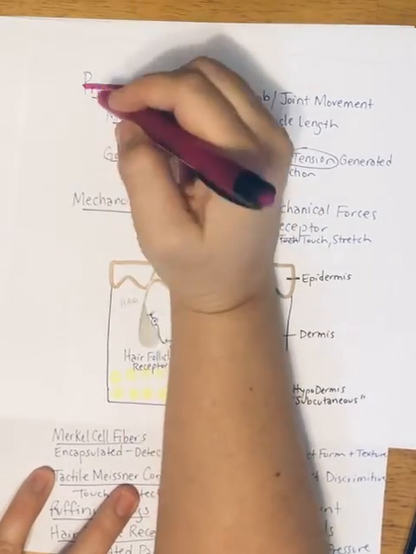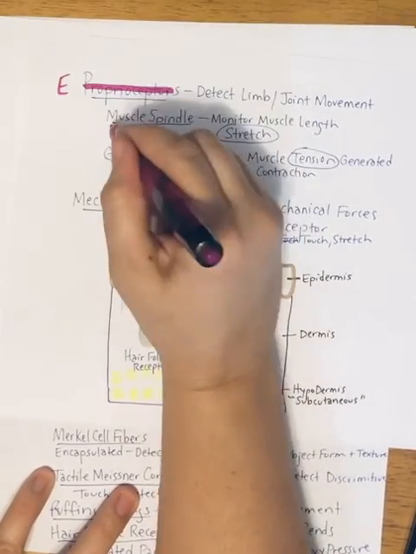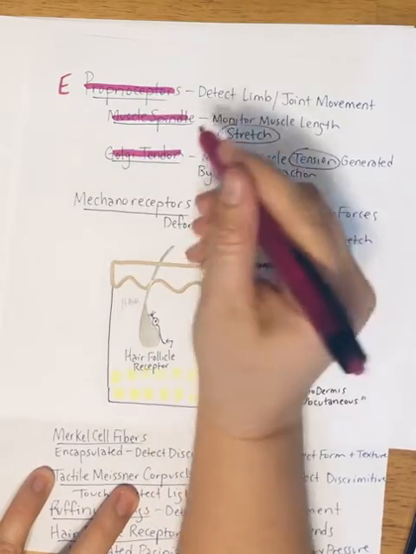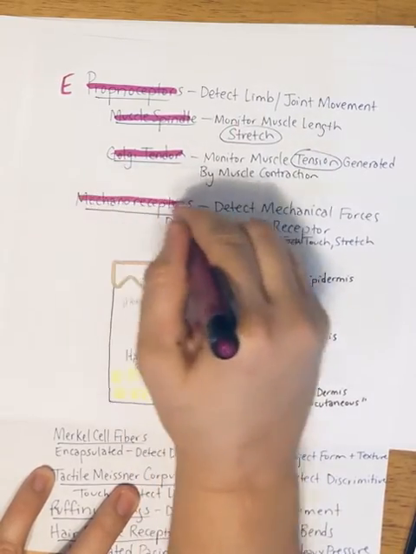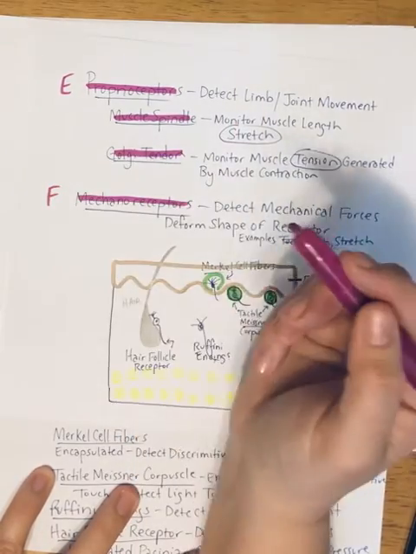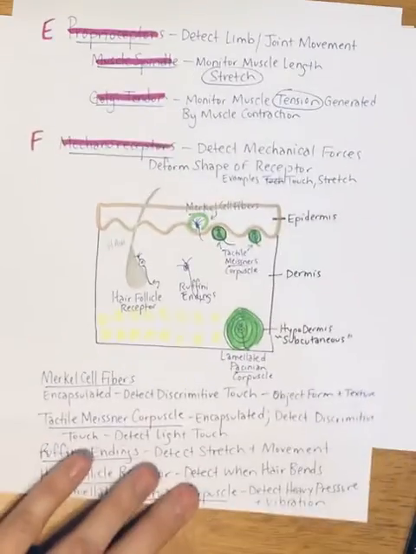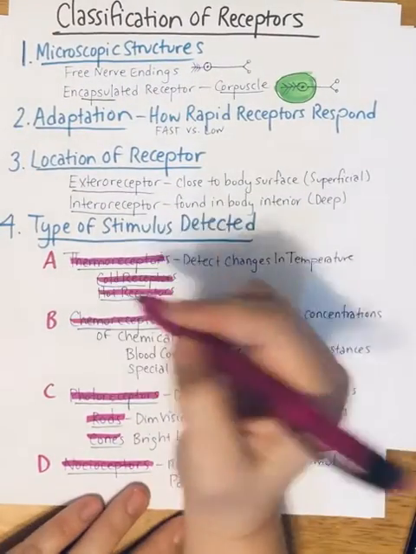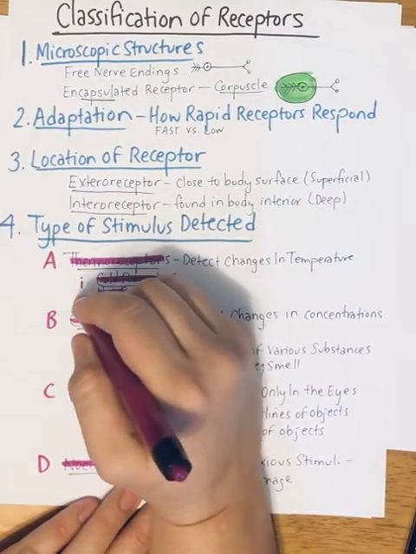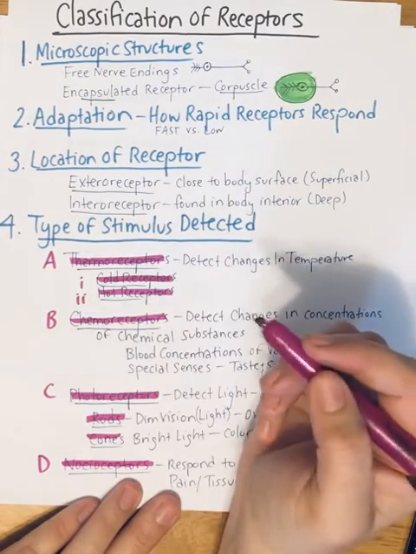Proprioceptors would be E, which includes muscle spindles and Golgi tendons. And then F, mechanoreceptors. There's a lot of these. So for each one, there's subclasses. You can do Roman numerals for those.